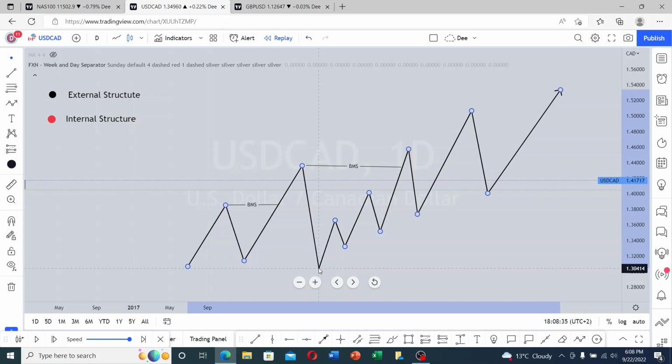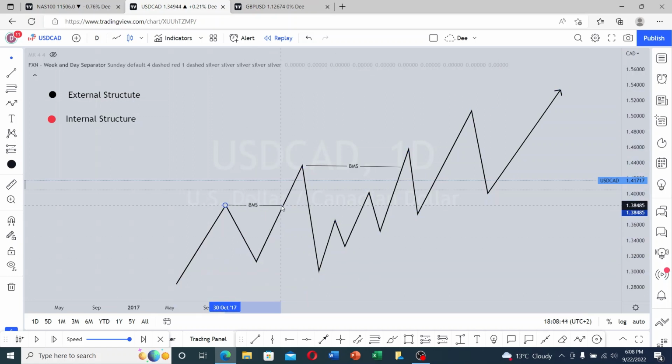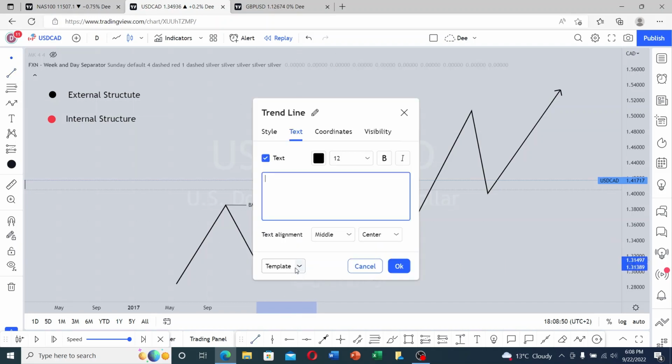And to make it more complex and very interesting, because reading the structure practically is never easy. Let's say this is a change of market character.